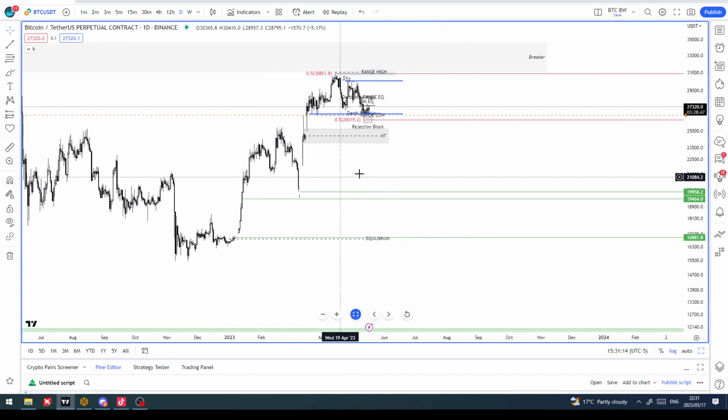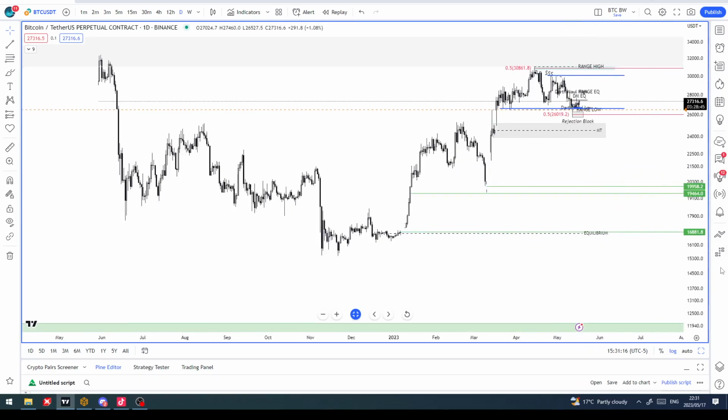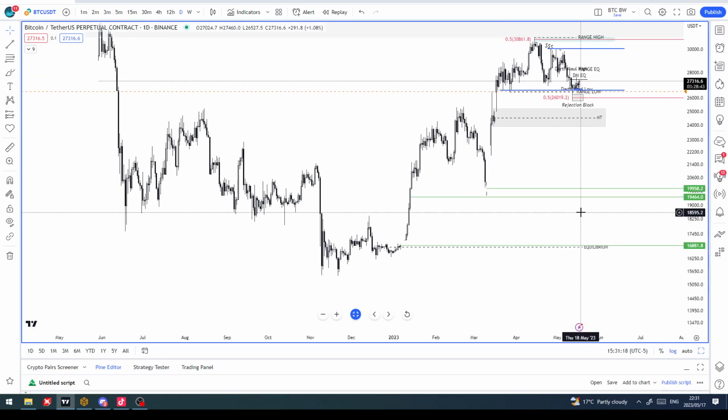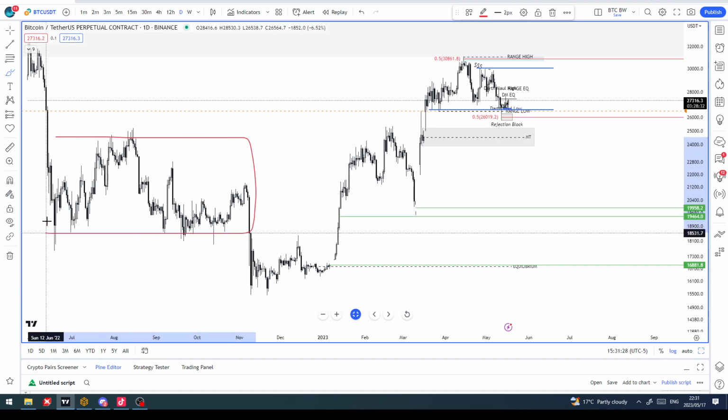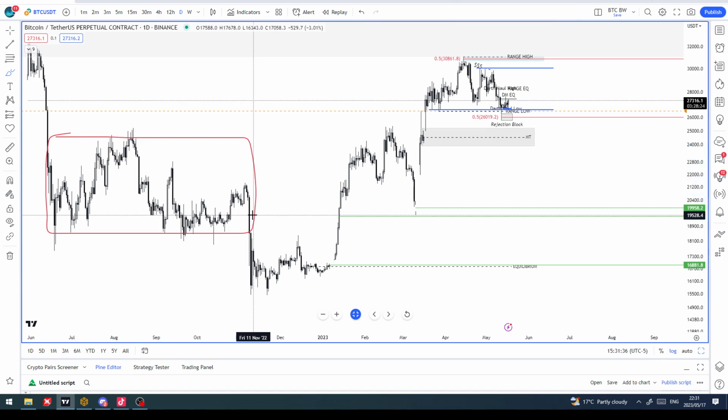But let's just look at this realistically here. Balanced price range, right? You can call it balanced somewhat. Here to here, not balanced. They needed to print up candles here, you agree?